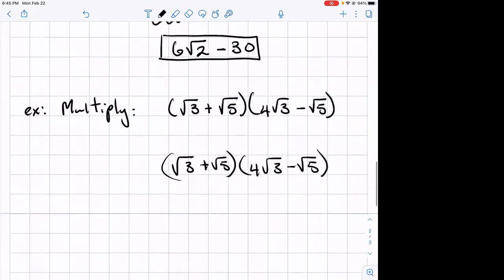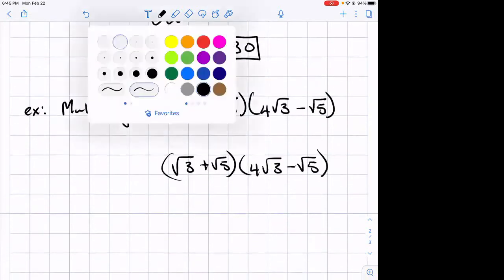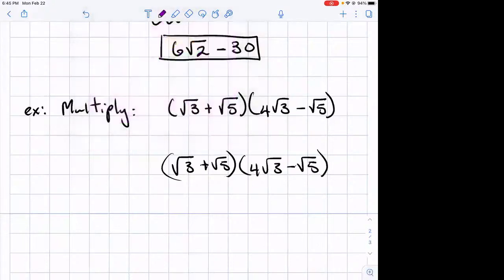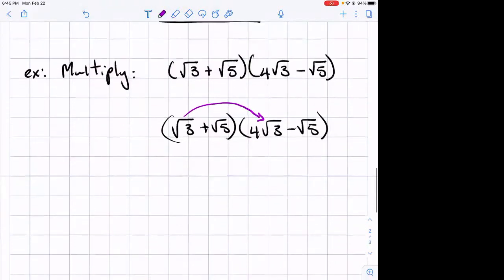If we FOIL, we will multiply root 3 by 4 root 3. And if we do that, we will get 4 root 9, because there's an invisible 1 here, the 1 times the 4 becomes 4. And then root 3 times root 3 becomes 9.